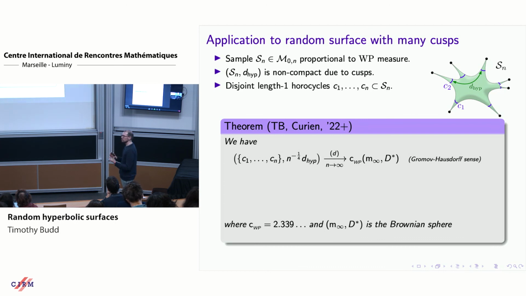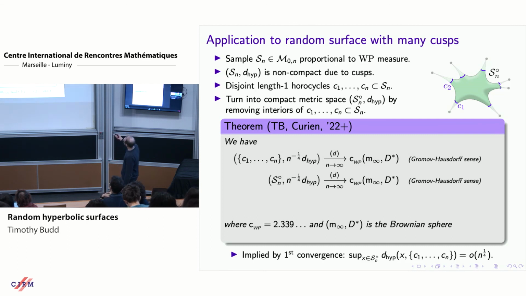One can also apply the scaling limit to slightly different metric spaces. One can, for instance, consider the hyperbolic surface in which I chop off all the interiors of the horocycles. Then, if I know that every point in my surface is really close to a horocycle, and in fact this distance is always a lot smaller than n to the 1/4, then actually the scaling limit also applies to this compact surface.